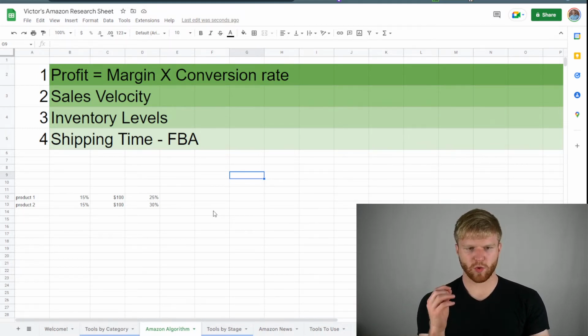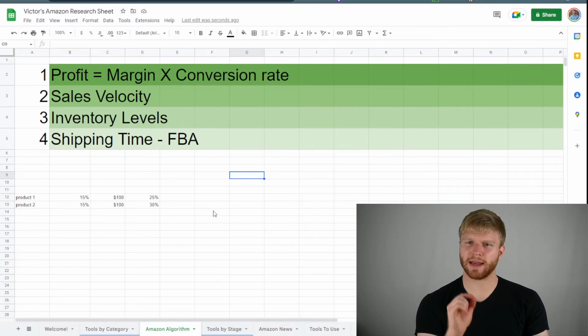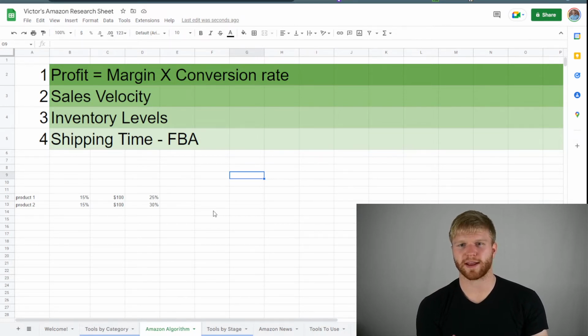So when you are spending money on advertising, keep in mind that you want to keep your sales velocity going as much as humanly possible, or you will go down in the rankings. So keep that in mind when you start investing in Amazon ads, because you want to keep that sales velocity as high as possible to get as many sales as possible, because it will increase your organic rank and your sponsored rank.